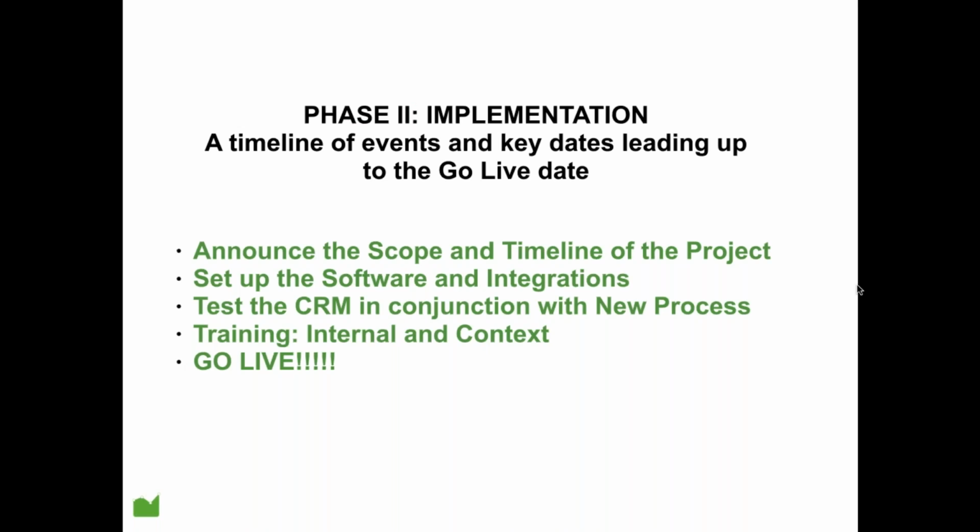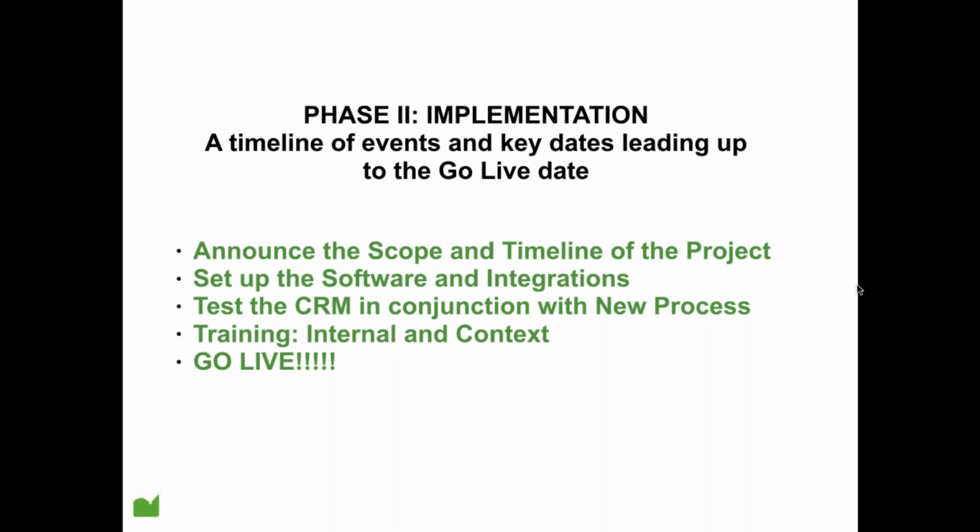So phase two, I call implementation. It's the actual introduction of the product, and everything from that introduction to the go live date, everything that happens in between that initial announcement and that go live date. So you're going to announce the scope and timeline of the project.